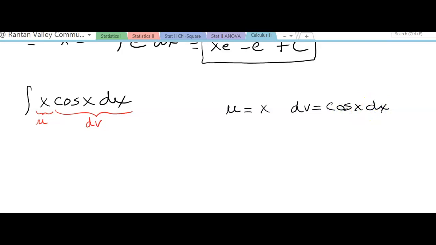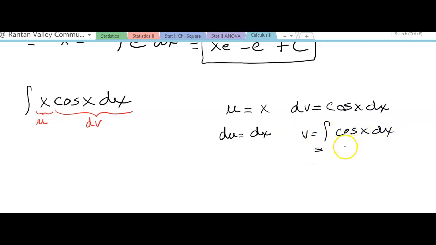All right. And then under that, you just calculate. I need du. You're looking for du dx, I'm just going to move the dx to the other side. So that's 1 dx. And I need the integral, and you don't have to write this out, but I'm going to do it here. v is the integral of cosine x dx.